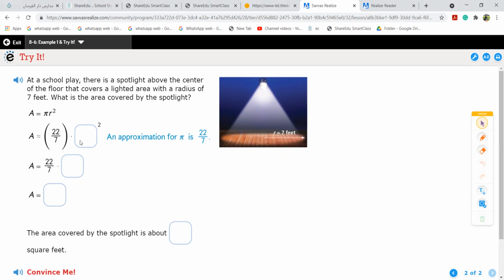Zishan, what should I write instead of r? What is the r given in the question? How much is r given in the question? Check. At a school play, there is a spotlight above the center of the floor that covers a lighted area with a radius of?